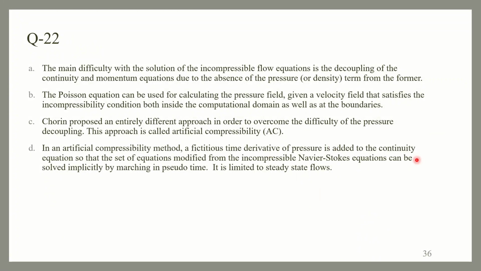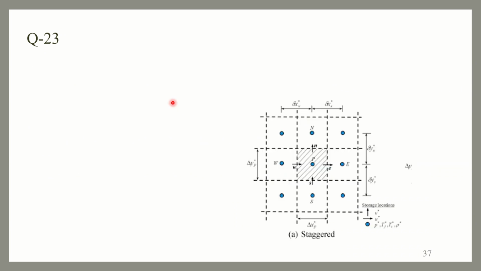A fictitious time derivative of pressure is added to the continuity equation, so that the set of equations modified from the incompressible Navier-Stokes equation can be solved implicitly by marching in pseudo time, but it is limited to steady state flows. So that is one, and this is just an introduction to the incompressible fluid flow techniques.